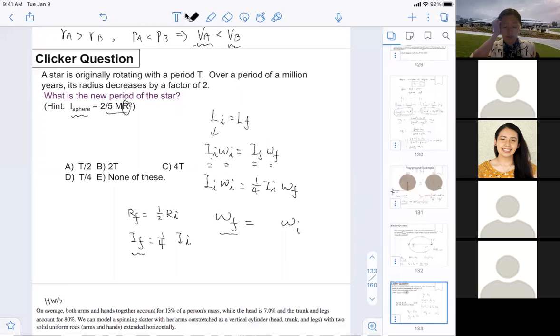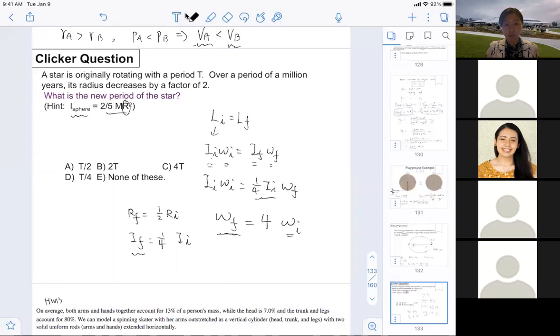Yes, more of the mass is closer to the center, so I decreased, so omega will increase. Very good. And it increases to be exactly 4 times the velocity you had before.